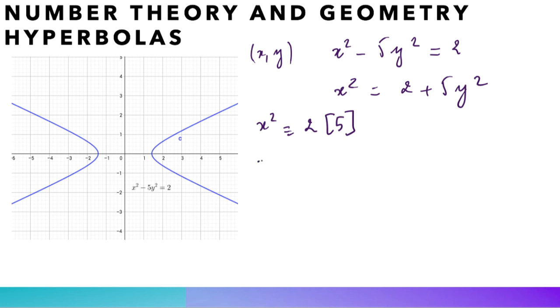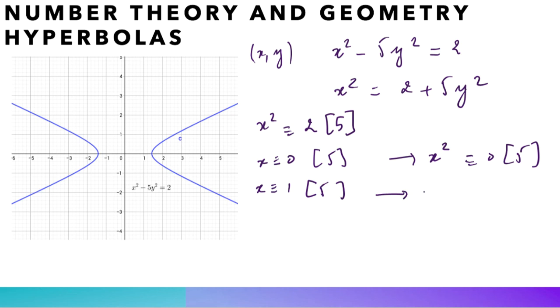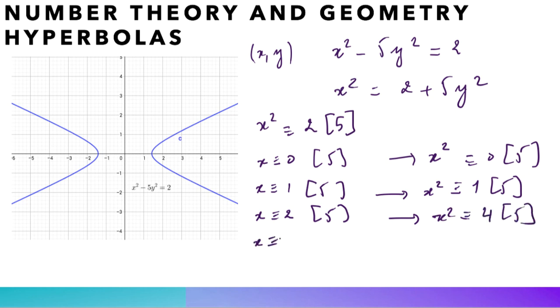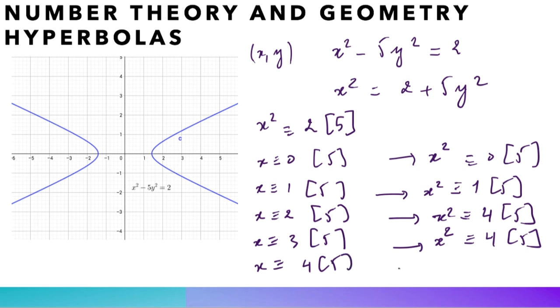But we know that either x is congruent to 0 modulo 5, in which case x squared is also 0 modulo 5, or x is congruent to 1 modulo 5, in which case x squared is also congruent to 1 squared, which is 1 modulo 5, or x is congruent to 2 modulo 5, in which case x squared is 4 modulo 5, which is different from 2 modulo 5, or x is congruent to 3 modulo 5, in which case x squared is 9, which is also 4 modulo 5, and last, x is congruent to 4 modulo 5, in which case x squared is congruent to 16, which is 1 modulo 5.